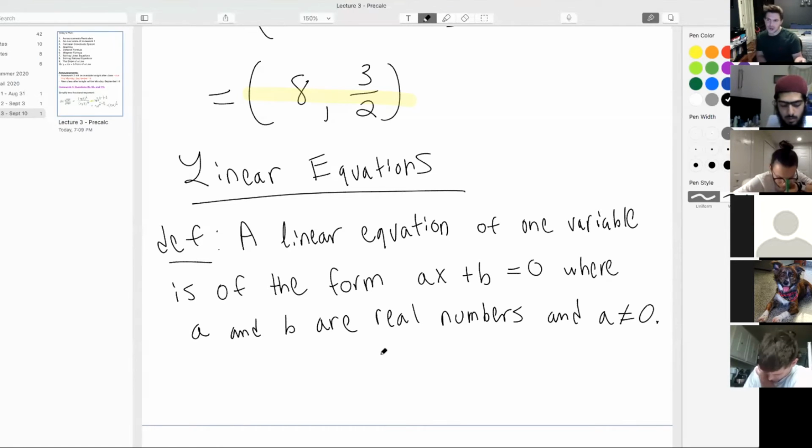Because if a was 0, then there would be no x term, and it's not an equation anymore. It's just some silly statement.